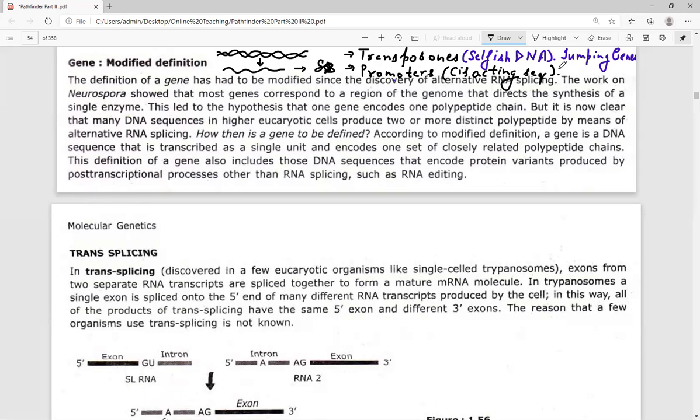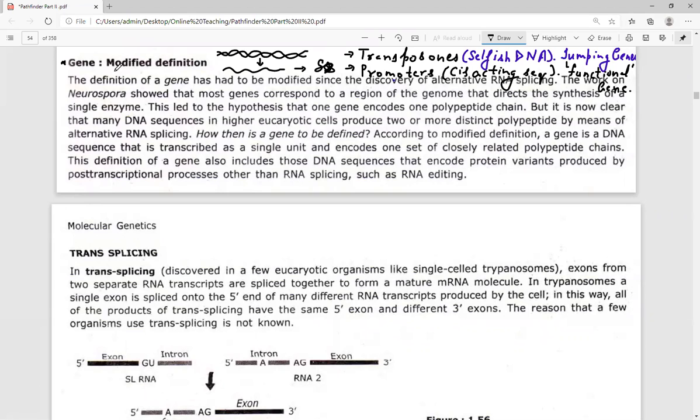So they are not going to lead to the formation of protein, but they are essentially required in order to form a functional gene. So they constitute a very important part of the gene. A gene is made functional only in the presence of these promoters. So all of these are said to be a part of the gene.